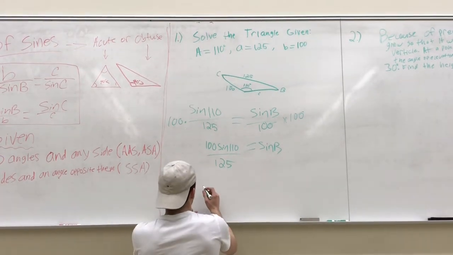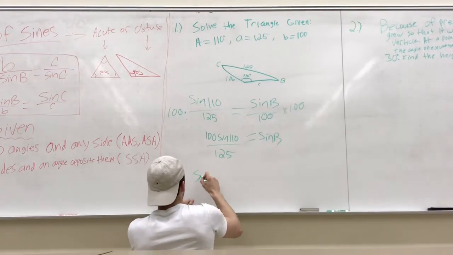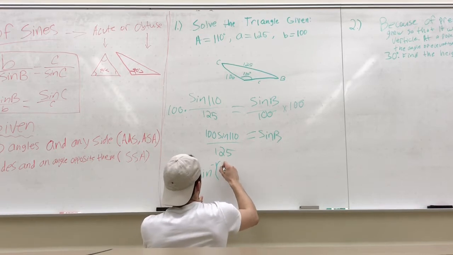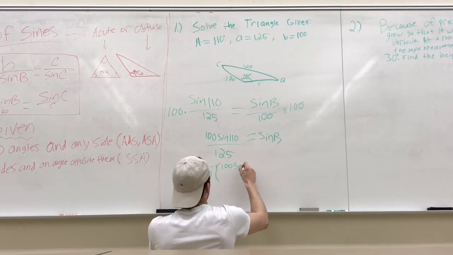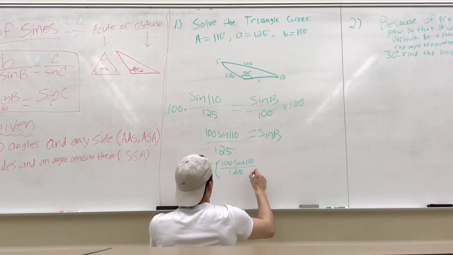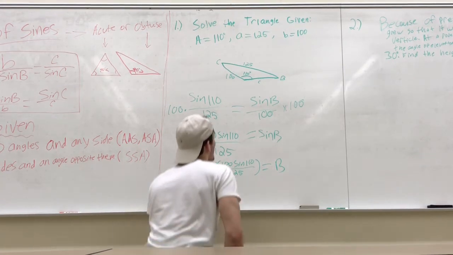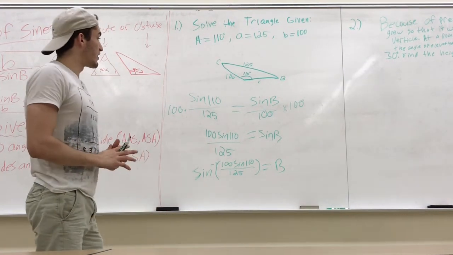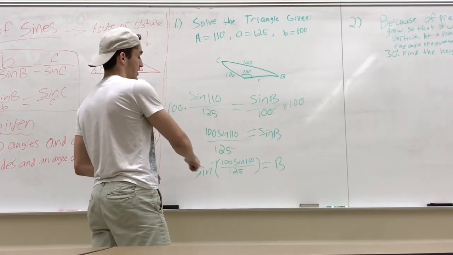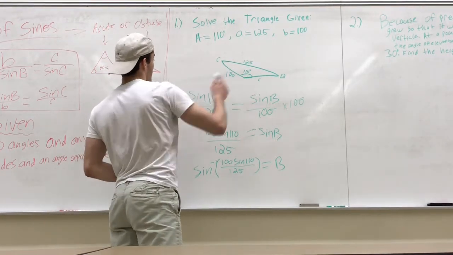So the last value you'd get would be the arcsine of 100 times the sine of 110 divided by 125 equals angle B. Now that you found angle B, you could write this in, but since I don't have a calculator with me, I'm just going to leave it how it is, so I won't write this in up here.